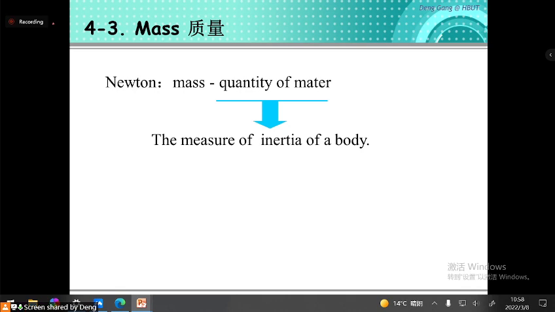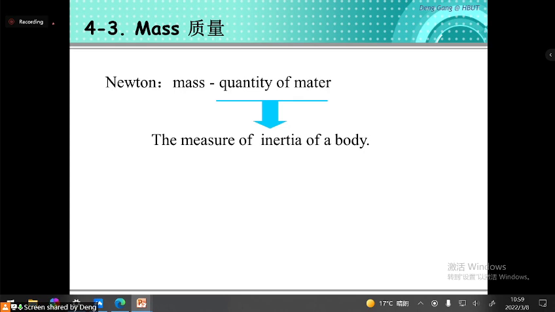So that means heavier things are not so easy to change in their state of motion. But light things, you can change their state very easily. So heavy means more matter. That means a heavier object has greater mass, and it is not easy to change its state of motion.